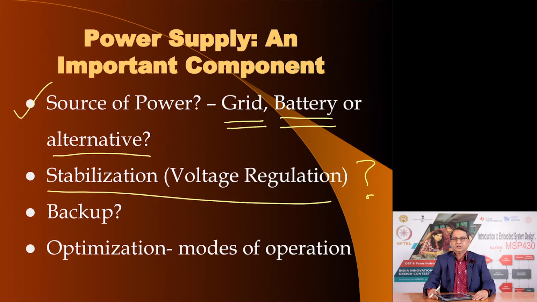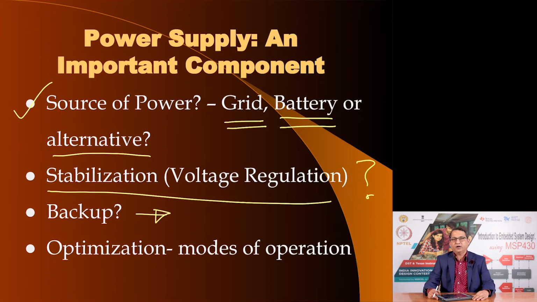If the power source is sporadic, that is, it may not be available at all times, then you must consider options of a backup. What are the various ways that you can create backup? And last but not the least, given that you have some source of energy, you would still want to optimize the available power.